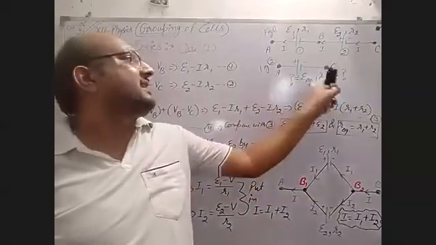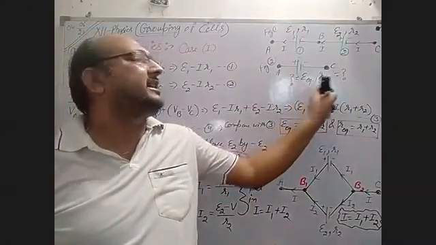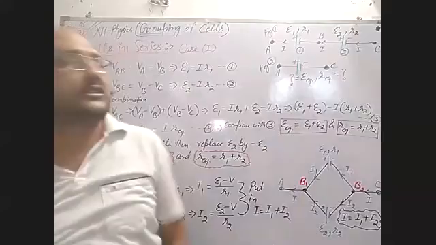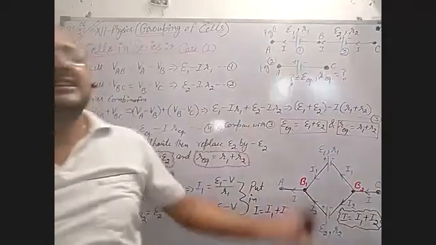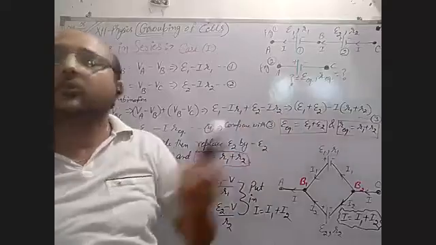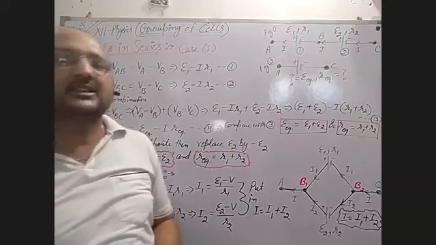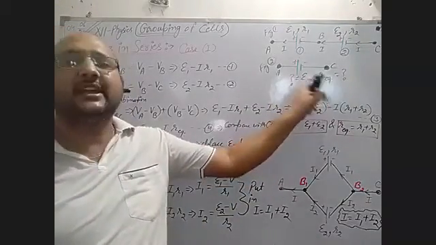So in the second diagram we are taking E equivalent and R equivalent, nothing else. The first diagram is very important for you. In the second case, it is only the result which we have to calculate.